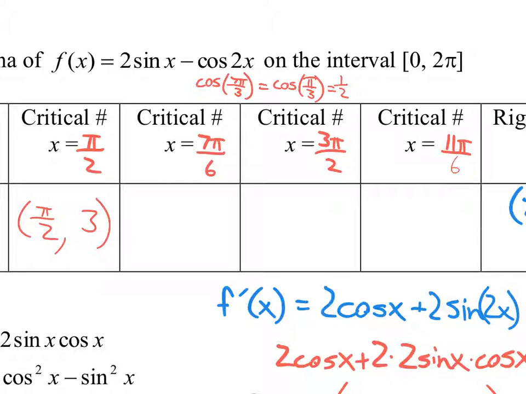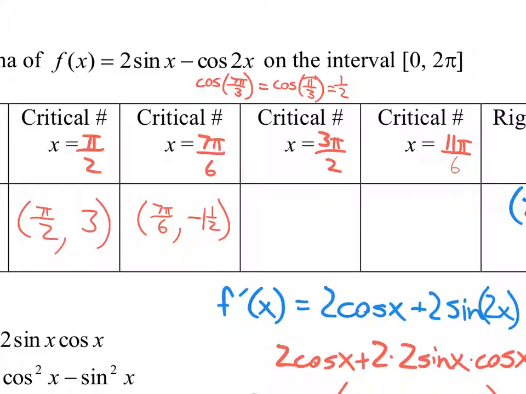So you have to use those coterminal angles in this case. So I have 2 times negative 1/2, which is negative 1, minus a half, which is negative 1 1/2. And that occurs at 7 pi over 6.